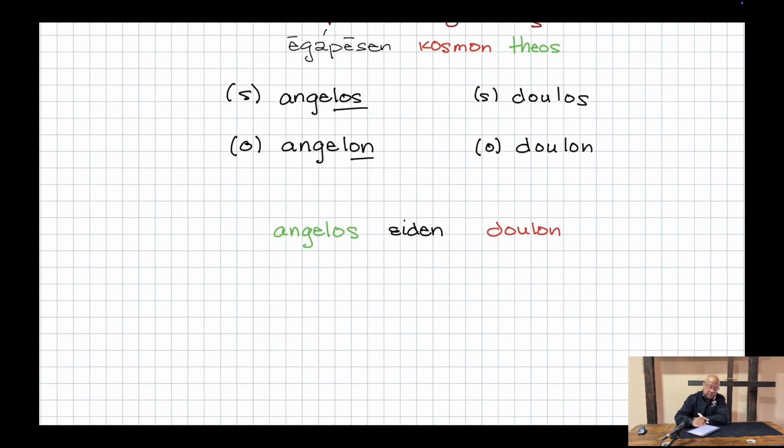So this sentence translates from Greek into English, I should say, an angel, I have to supply this, saw a servant.